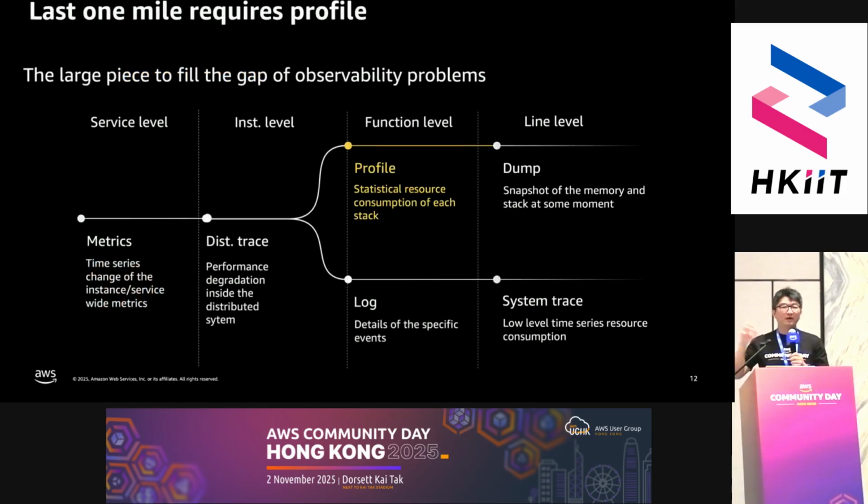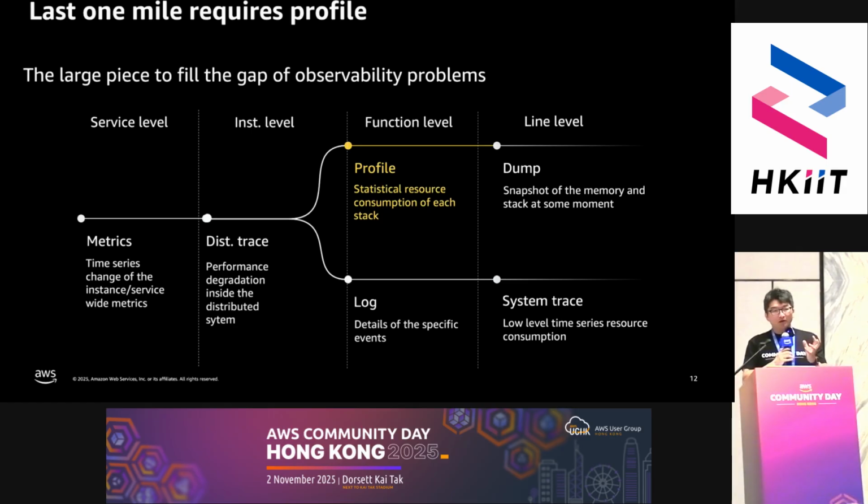So what can we use? Here the profile comes in. The reason why we need the profile is that we need to fill the gap that the three telemetries, logs, metrics and traces, could not fill.